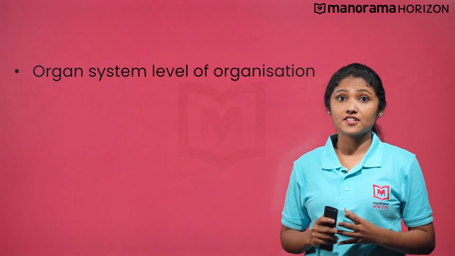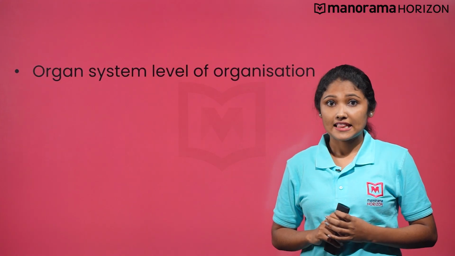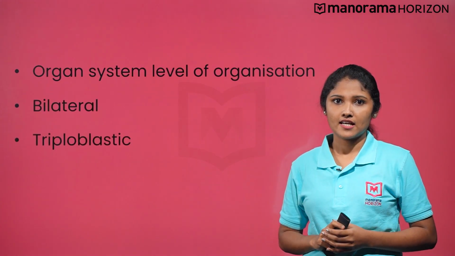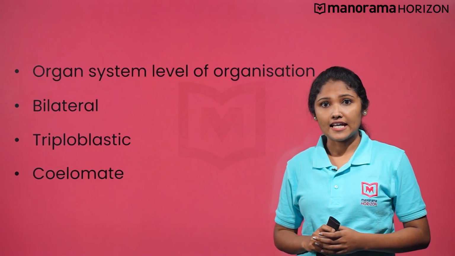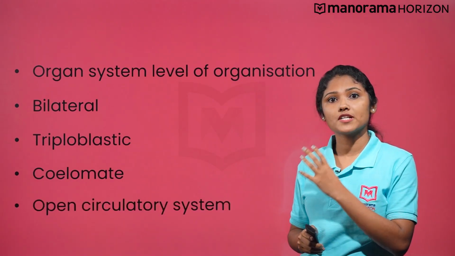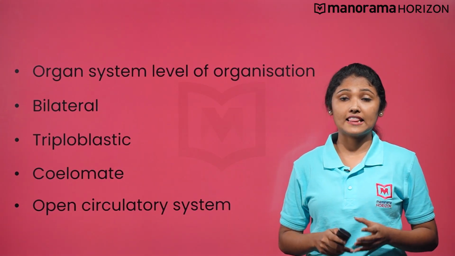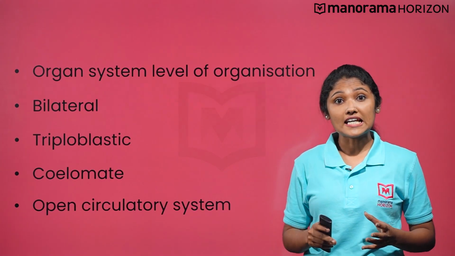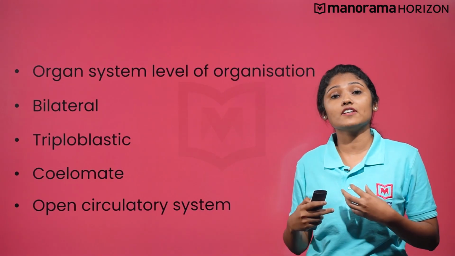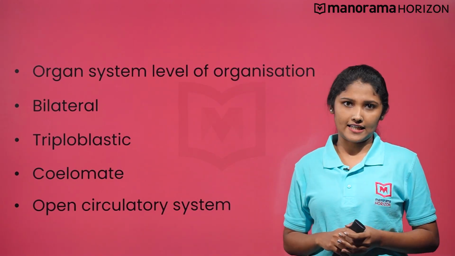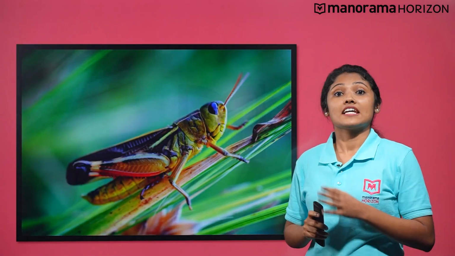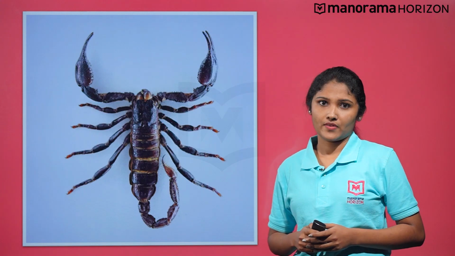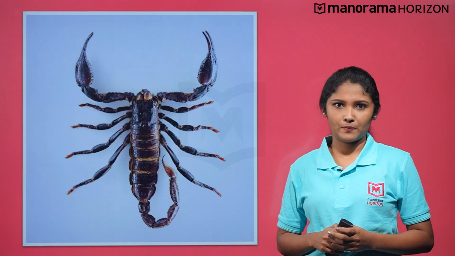Some other characteristics of arthropods are they are bilateral, triploblastic, coelomate and with an open circulatory system. Mostly they are dioecious and oviparous. So, fertilization is internal and the development may or may not be direct. Butterflies, grasshoppers, mosquitoes and scorpions are included in this phylum.